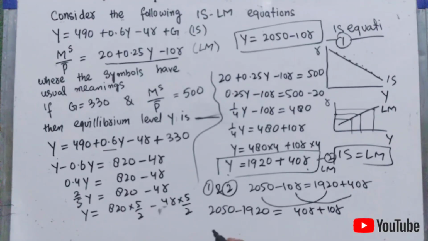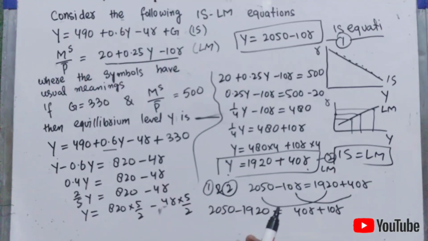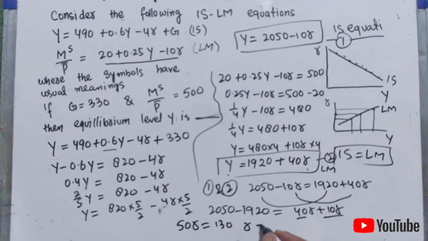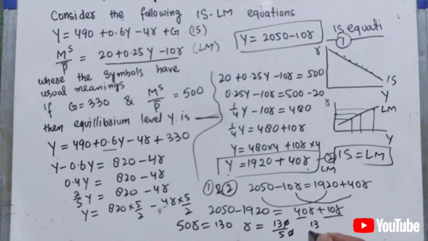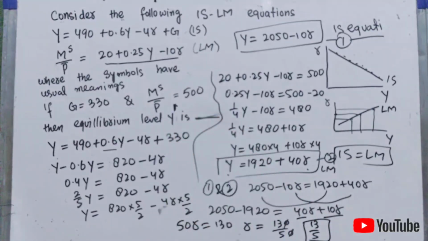Solving this, it comes out to be 130 is equal to 50r, or r is equal to 130 upon 50, which is 13 upon 5 after cancelling. That is the rate of interest, but we are supposed to find out the equilibrium level of income.